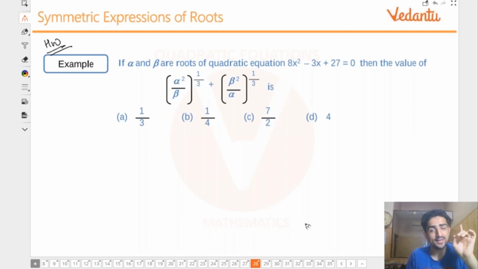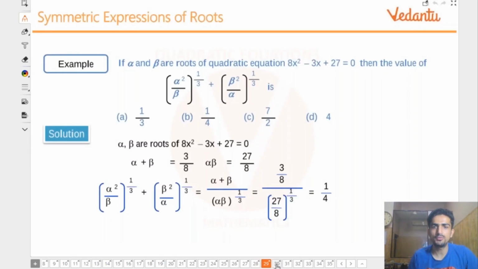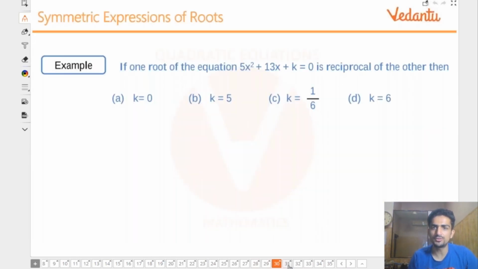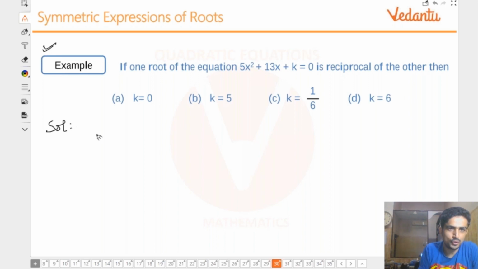All the identities that you learned in basic mathematics will be helpful here. I have also given the solution, but don't look at it, you solve it yourself. Do it right now. I'm expecting that you will do it orally.